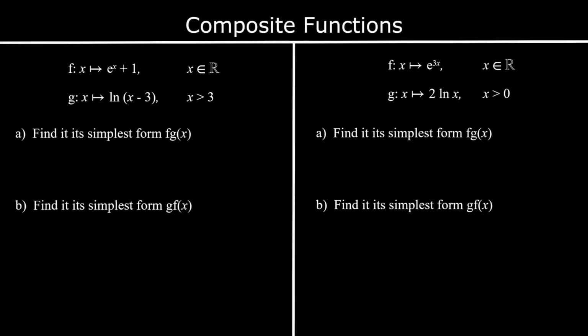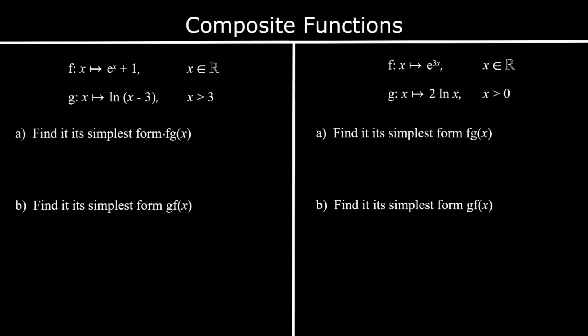f of x, different notation, but it means the same thing. So f of x is e to the power of x plus 1. g of x is our natural log, x minus 3. And we need to find in its simplest form fg of x.